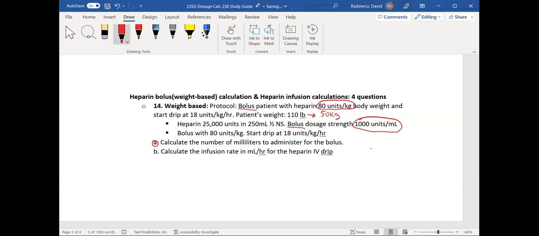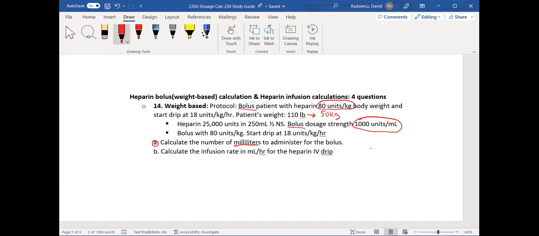I'm going to use that information to find out how many milliliters to administer, because this is a heparin infusion. And whenever it tells you 1,000 units per milliliter, it tells you it's an injectable. What they're doing is injecting the bolus dose into the port of the IV to get things started with what's called the heparin protocol.